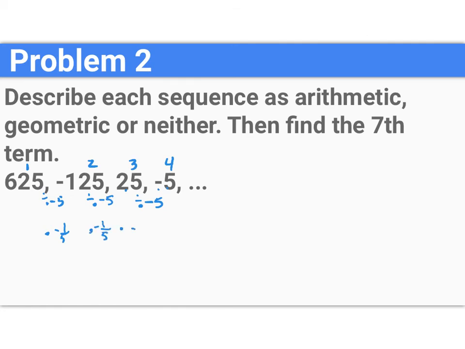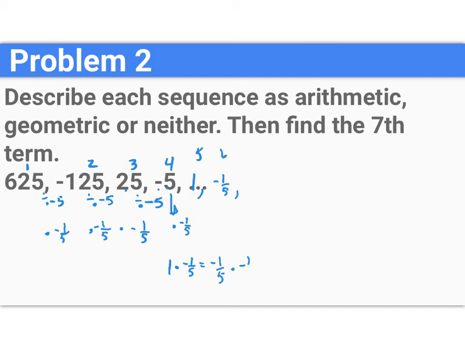And sometimes with problems, if you just work it backwards, it will make sense. So if I multiply 5 by negative 1/5, I get 1, which is my fifth term. If I multiply 1 by negative 1/5, I get negative 1/5, which is my sixth term.